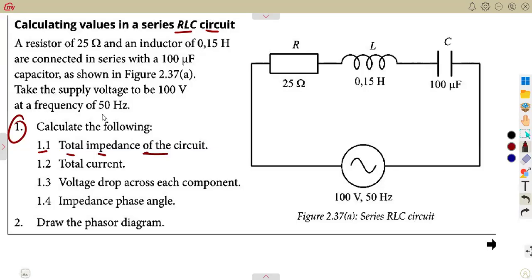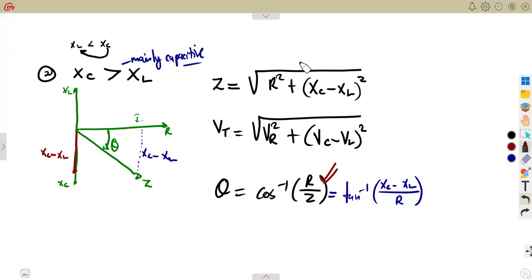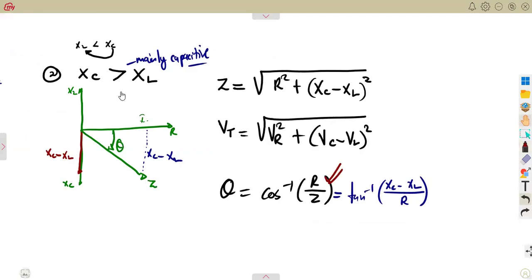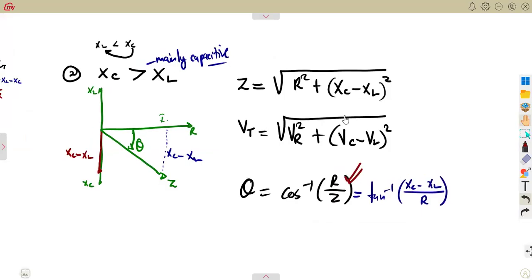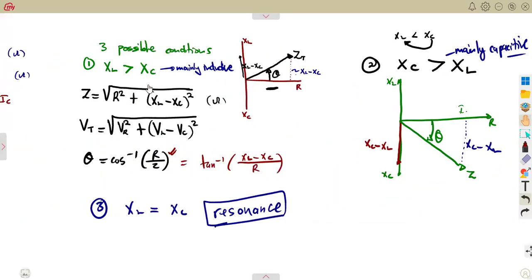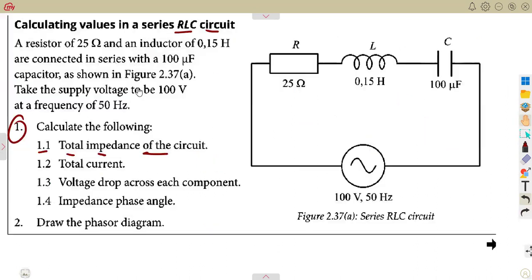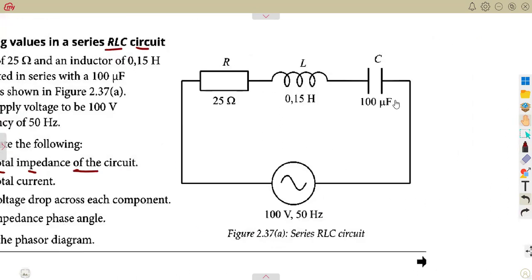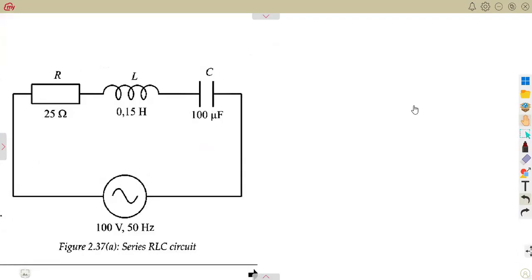As we saw, the total impedance of the circuit must be considered to say, okay, is XC greater than XL, or are we having XL greater than XC? Which is it that we consider? So we must talk of XC and XL first. So for 1.1, we'll need to calculate XC and XL first.